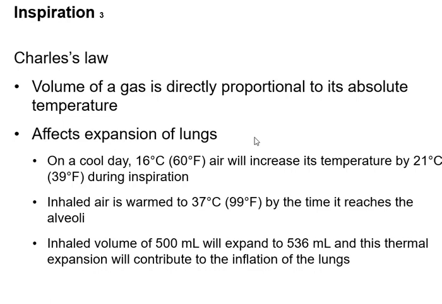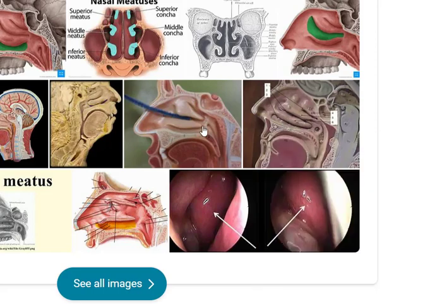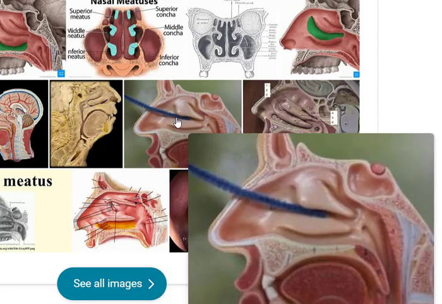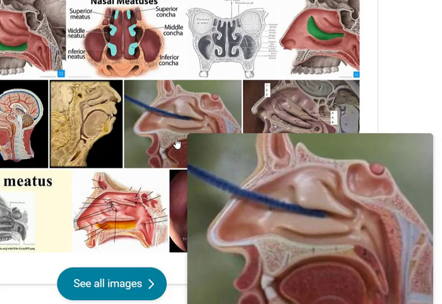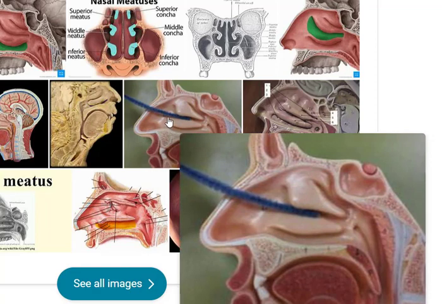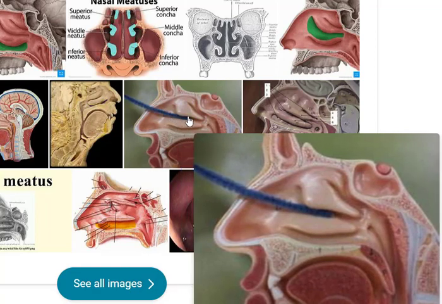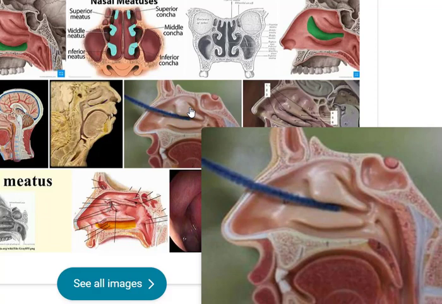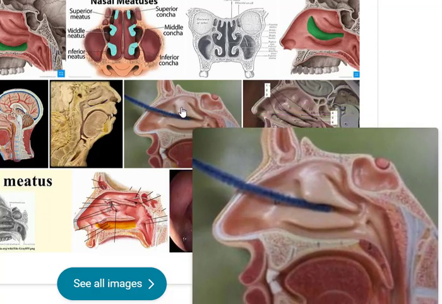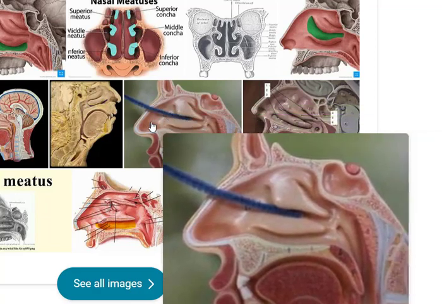So if you're trying to breathe and it's cold outside, you're not going to be as able to breathe as well. So that's one of the nice things about having the structures in our nose. Remember the meatuses? Somebody's put a pipe cleaner in there to show you where the meatus is between the concha or the folds.